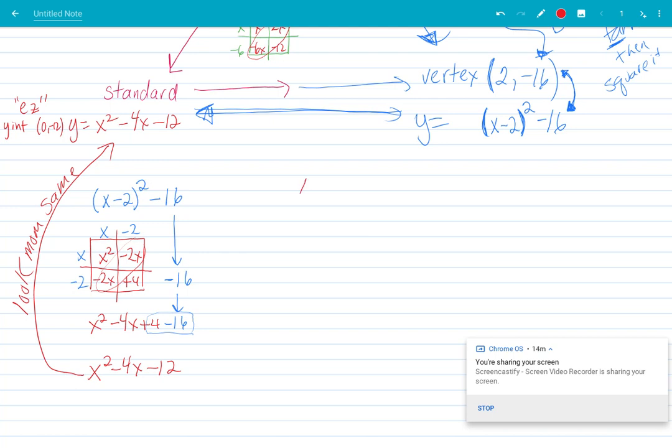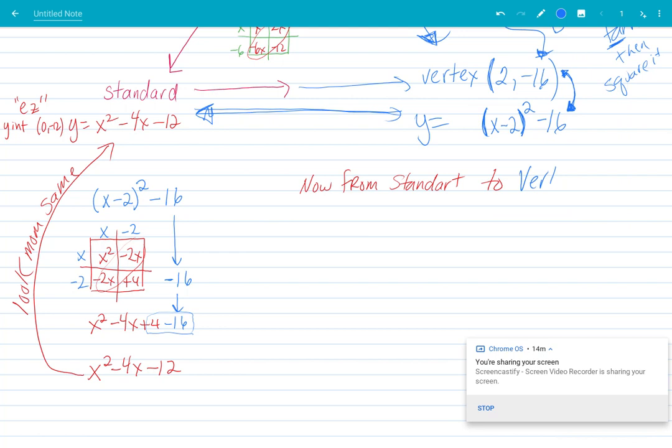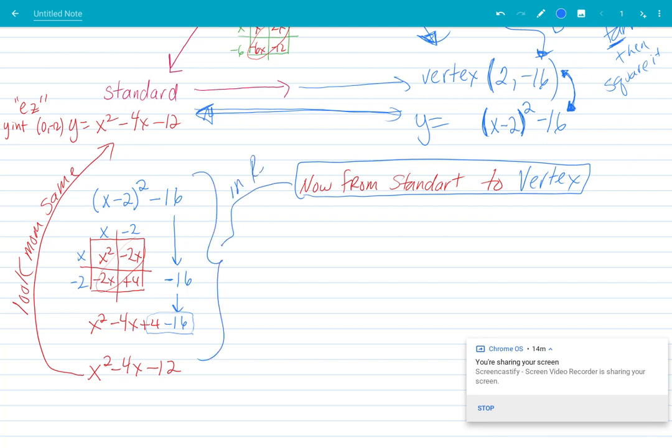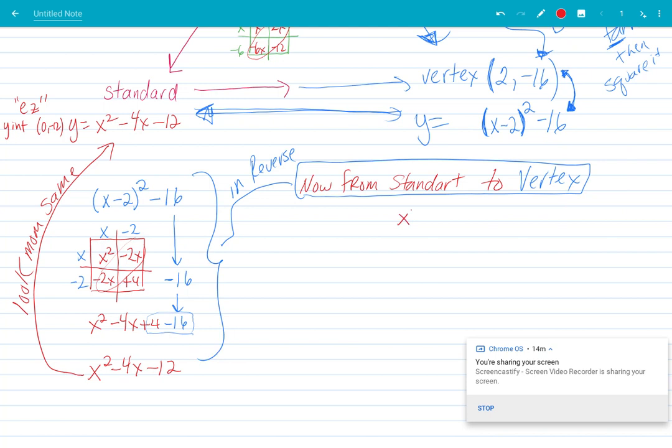So now, from standard to vertex. All right, this is today's lesson right here. So we do this in reverse. All right, so we start with standard, okay? x squared plus 4x minus 12.